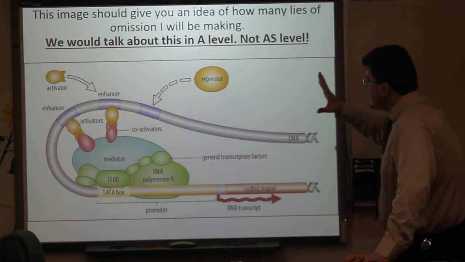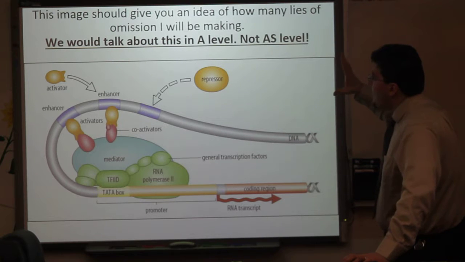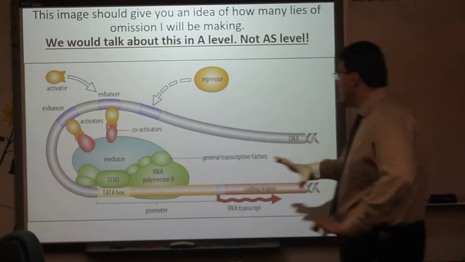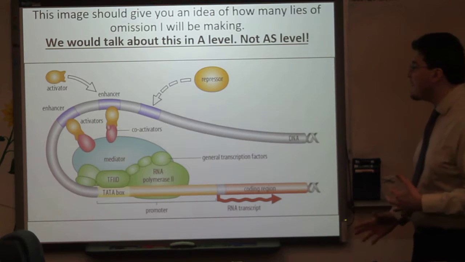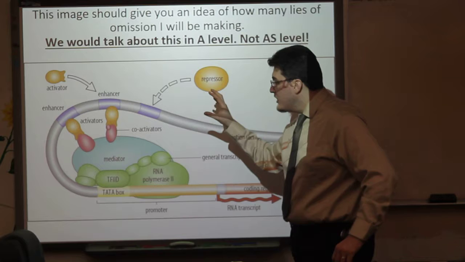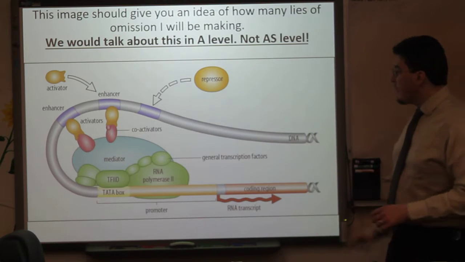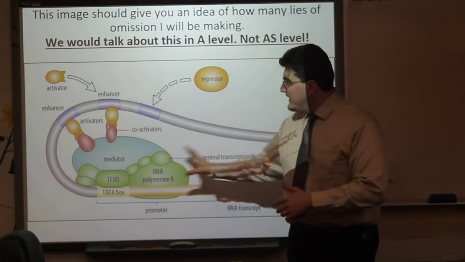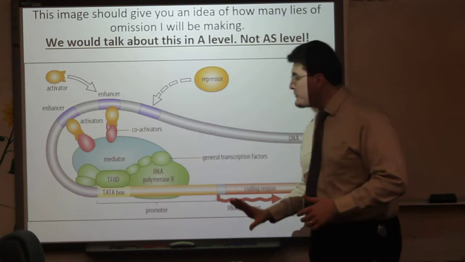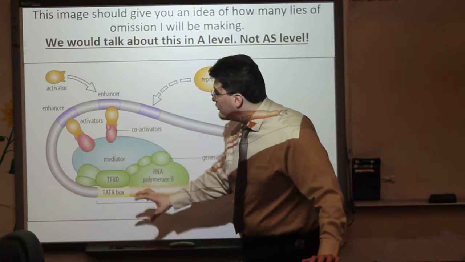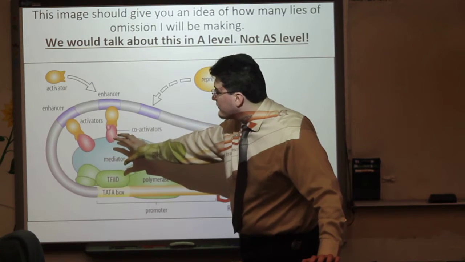So this is how we can have activators and repressors and mediators and transcription factors that all promote the transcription of RNA from DNA. So RNA polymerase is attached to all of these transcription factors, and promoter regions are binding to these transcription factors.